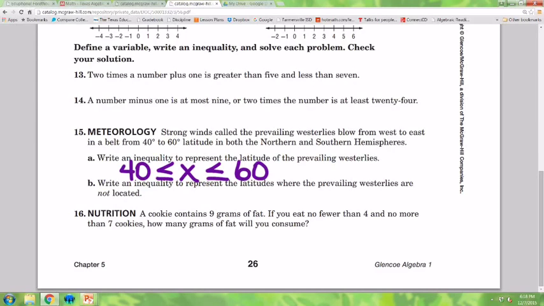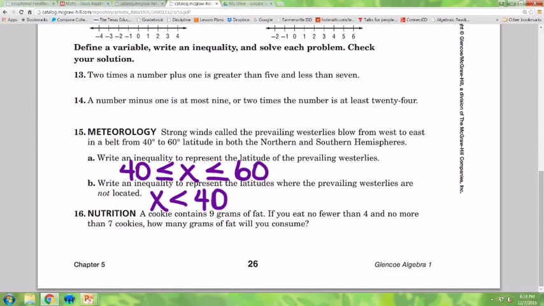Part B says to write an inequality to represent the latitudes where prevailing westerlies are not located. So that means we need to write an inequality that would be the complete opposite of the inequality that I wrote for Part A. So if it's the complete opposite, then I'm going to write it two different ways. Since we said earlier that x has to be greater than or equal to 40, then I'm going to say x has to be less than 40.